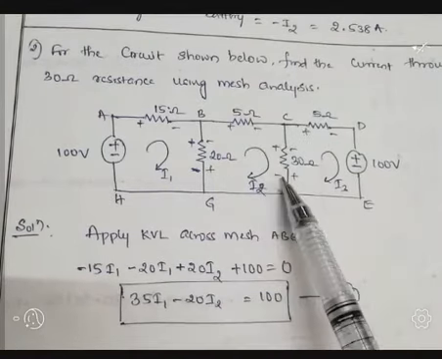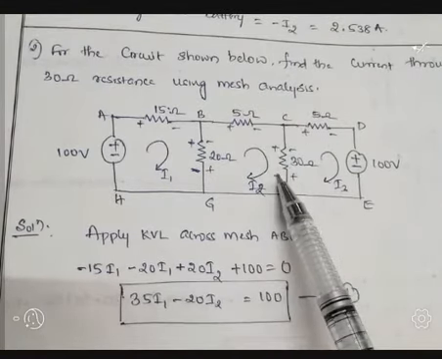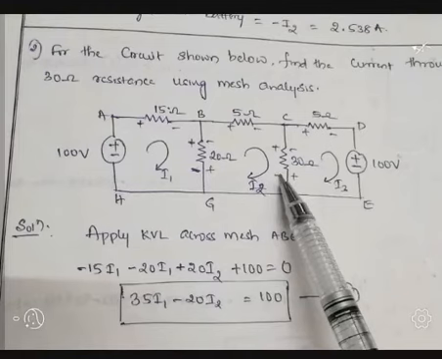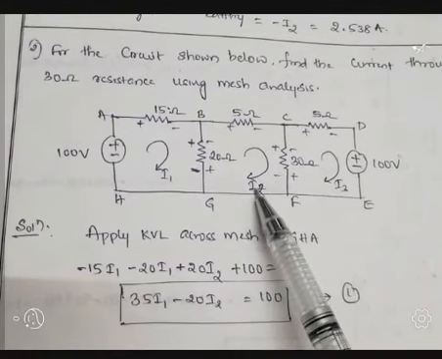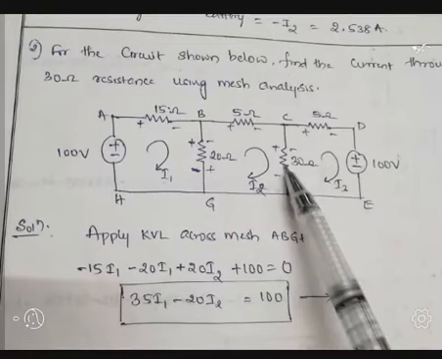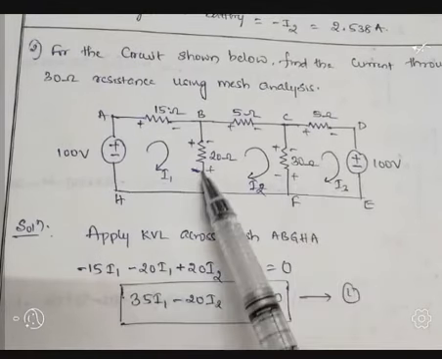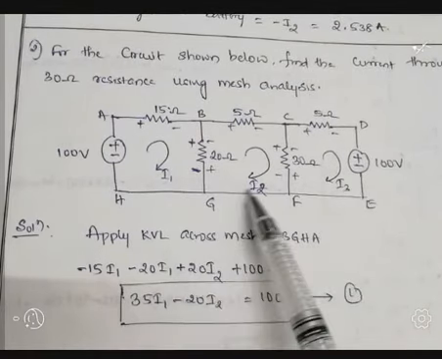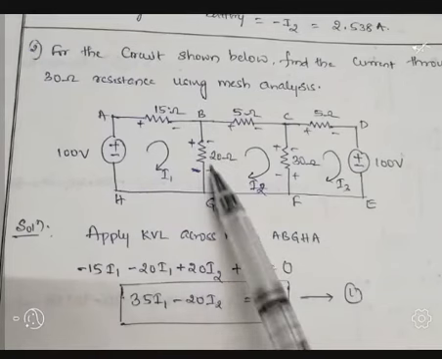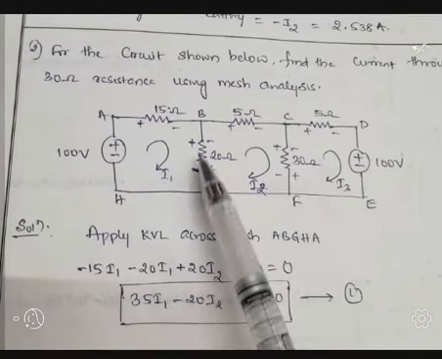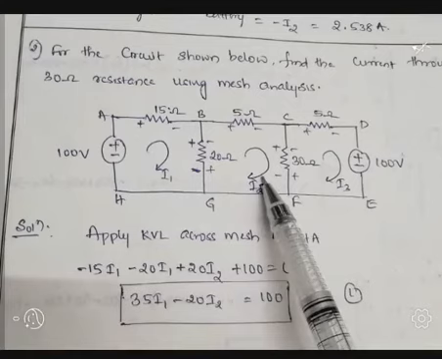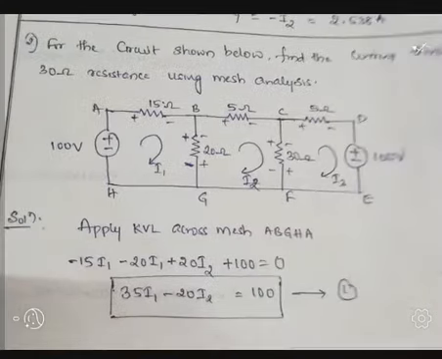Next, minus 30I2, plus 30I3. Next, minus 20I2. Next, plus 20I1. Correct. So see the equation.